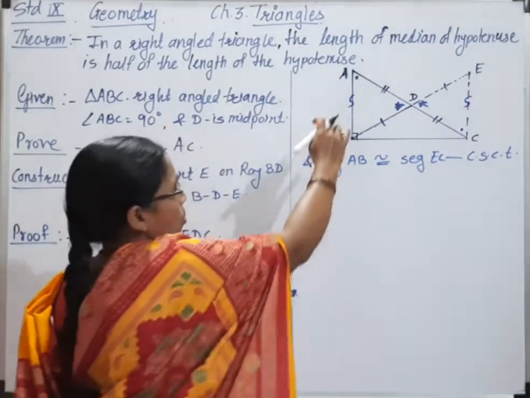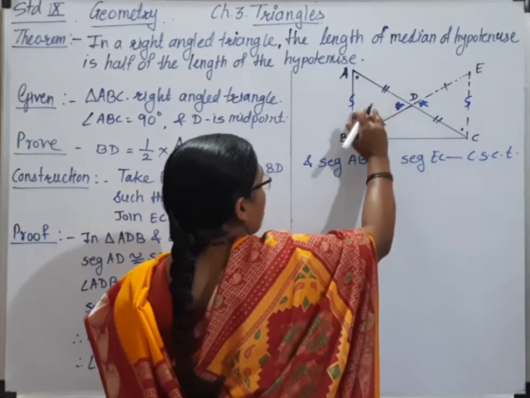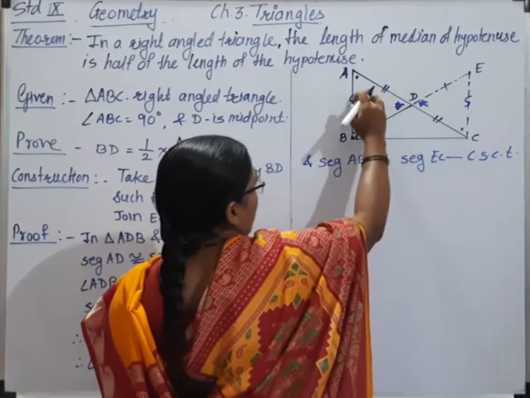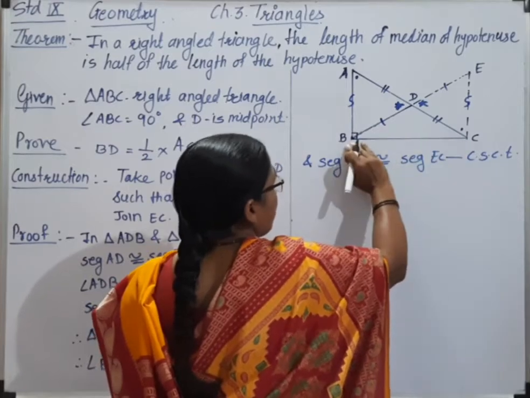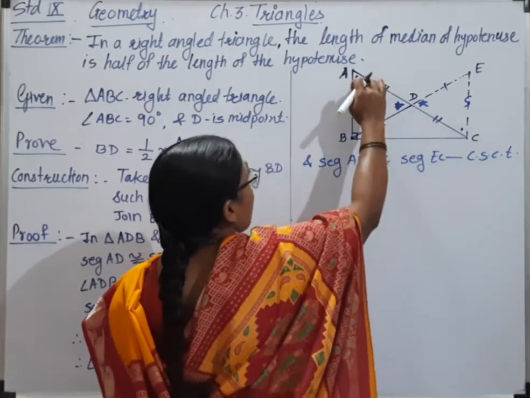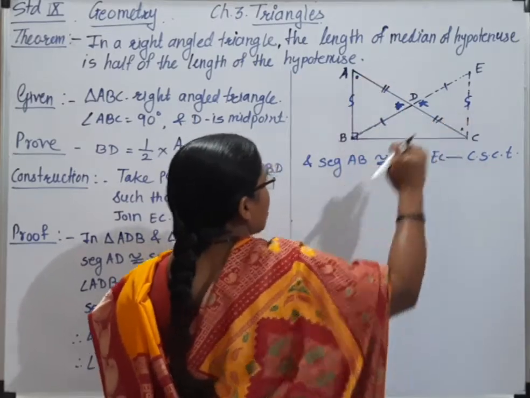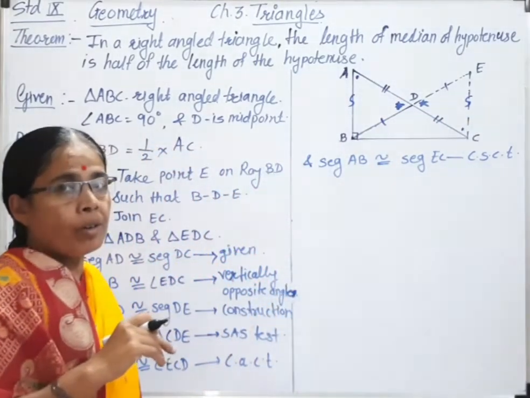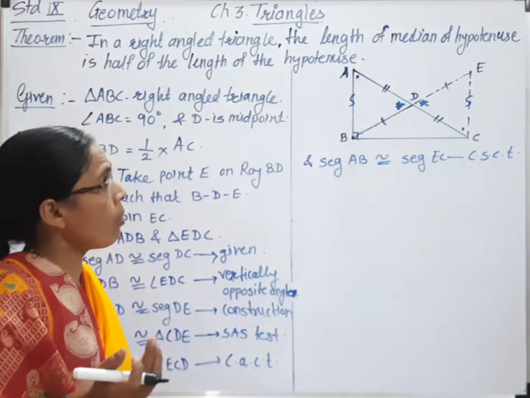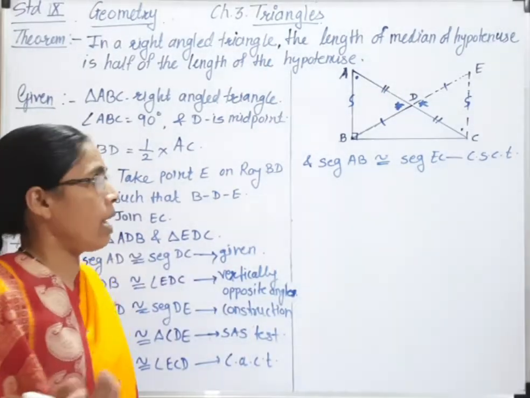And if these two angles are congruent and these two sides are also equal, with BC as a transversal and also AC as a transversal, then these angles are congruent. Which type of angles are these? These are alternate angles.